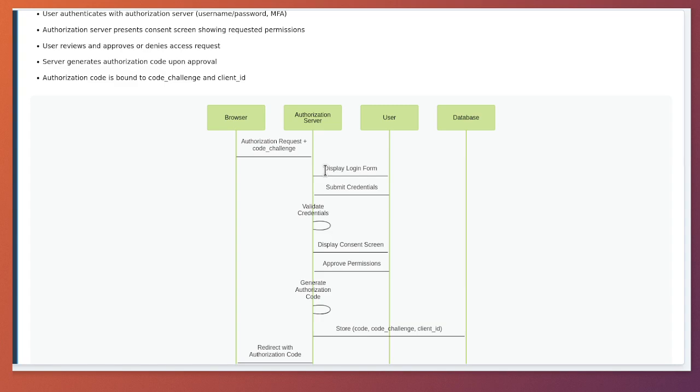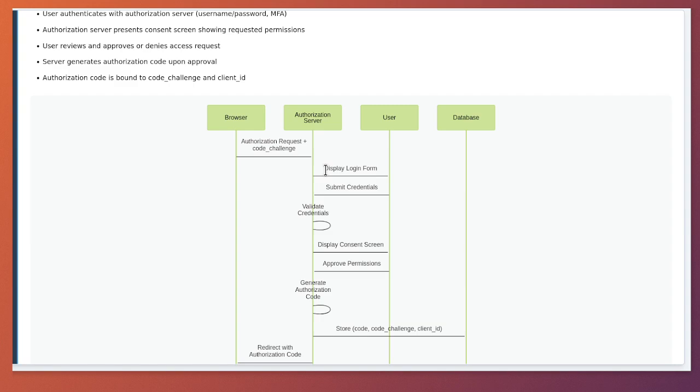The specific authentication method depends on the authorization server's configuration and the organization's security policies. The most common method is username and password, where the user enters their credentials into a form presented by the authorization server. However, modern authorization servers support a variety of authentication methods. Multi-factor authentication, MFA, is becoming increasingly common, where the user must provide a second factor beyond their password.